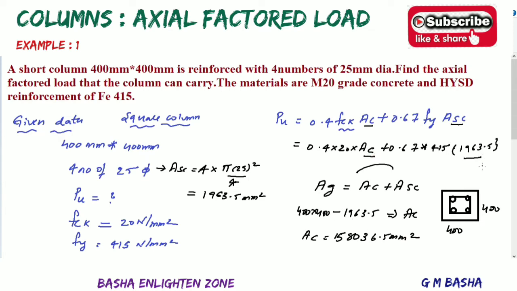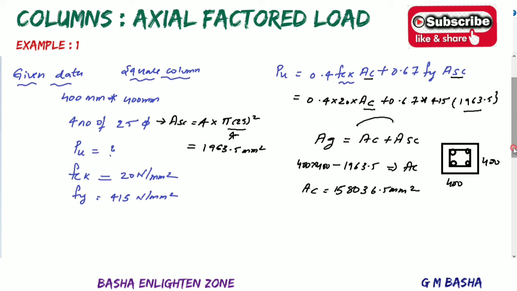So you know the value of the area of the concrete, and just substitute these two values here. Pu equal to 0.4 into 20 into the area of the concrete, 158036.5, plus 0.67 into 415 into 1963.5. Then you will get the axial factored load directly.